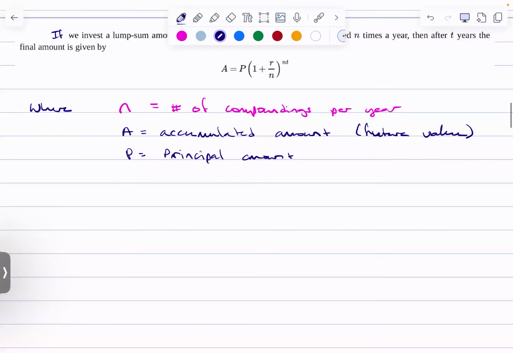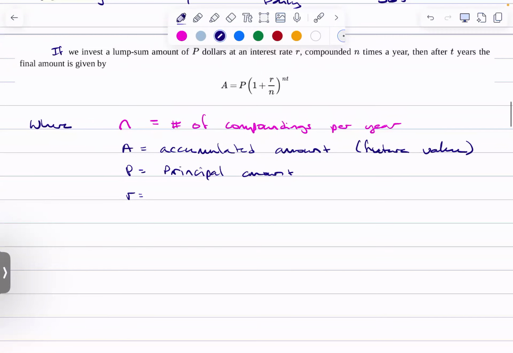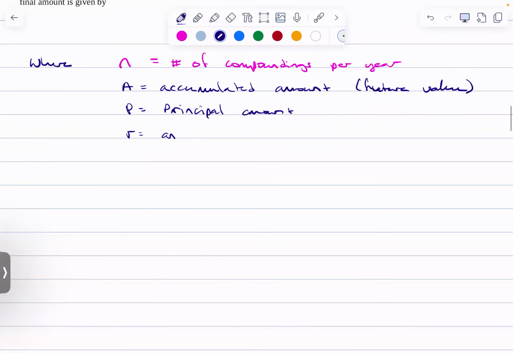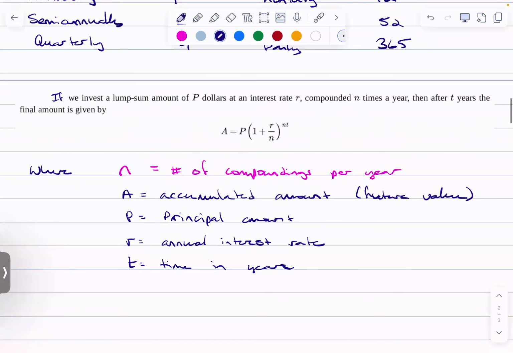R is the rate, but now we're forcing it to be the annual interest rate. And T is the time in years. Those we know already.